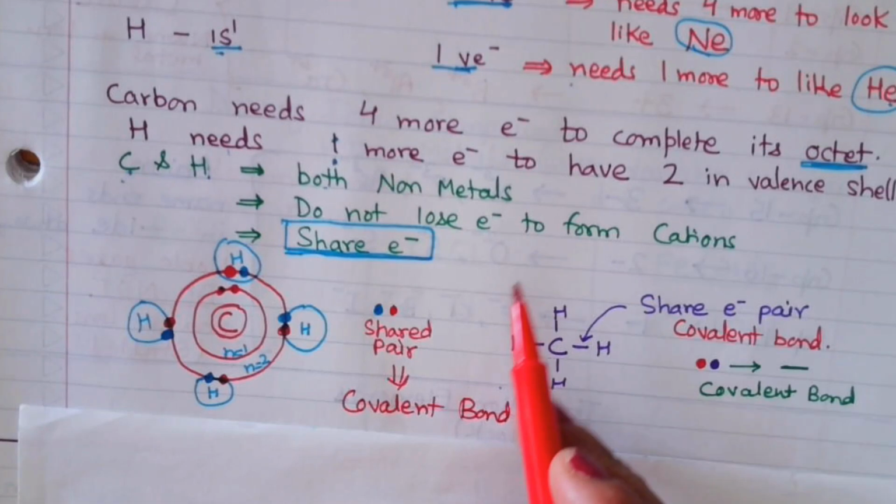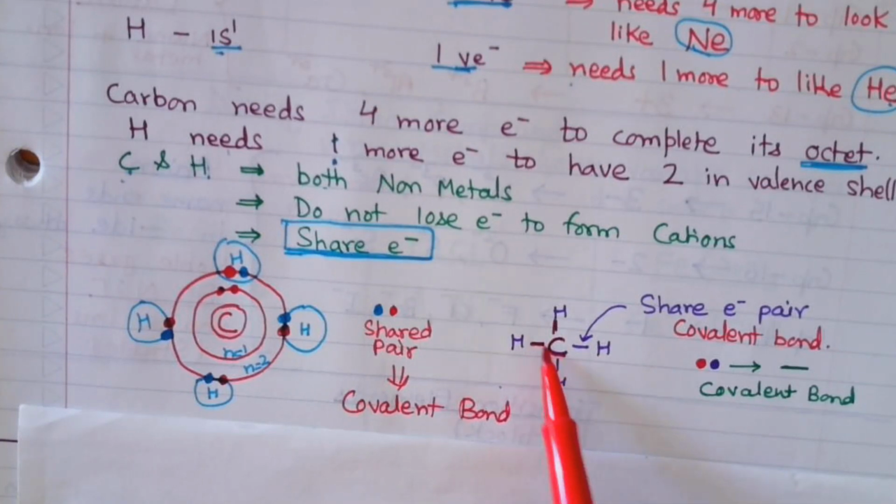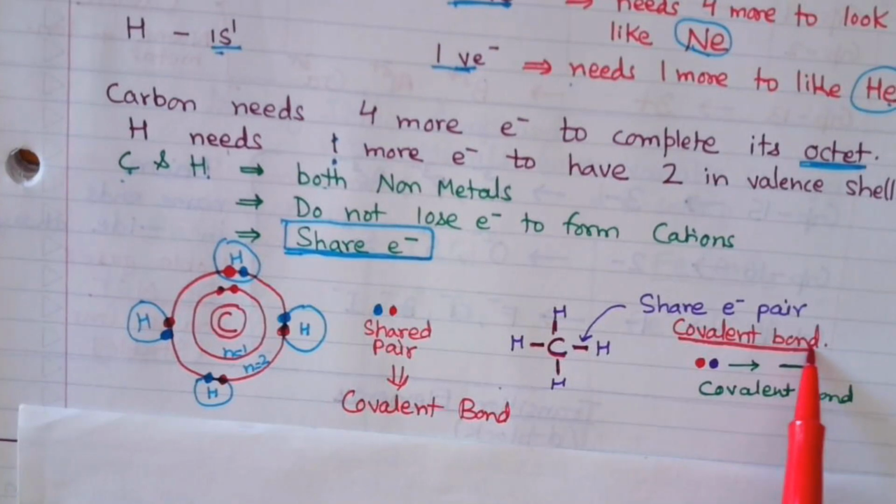And then how do we draw a covalent bond? So we put carbon in the center because carbon has the most electrons and is sharing them with the hydrogens, right? And so this bond, this bond, this bond, this bond, this is a covalent bond, right?